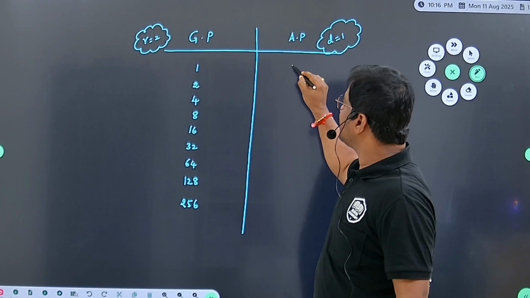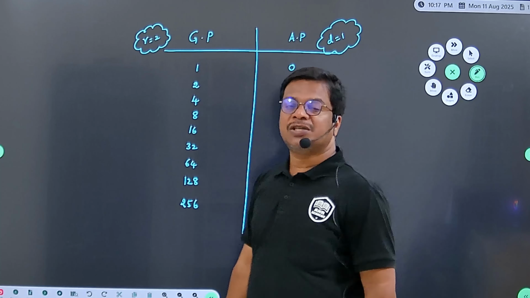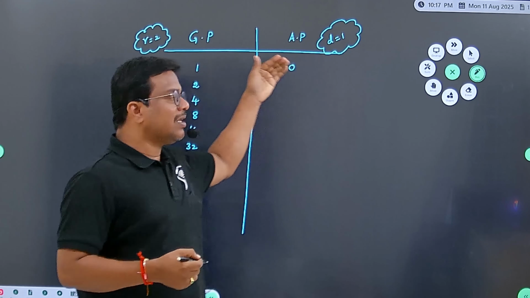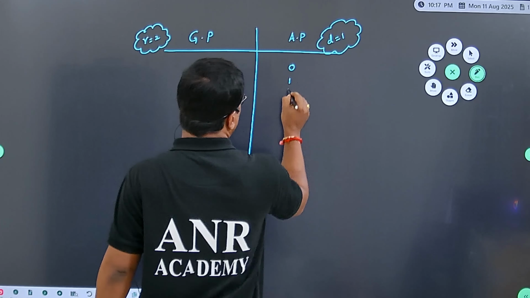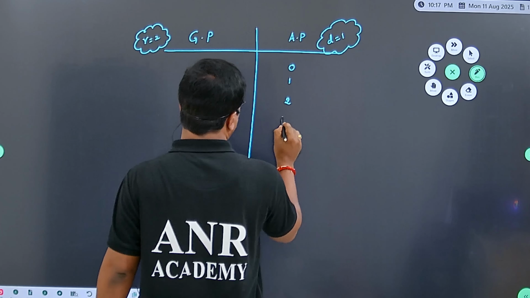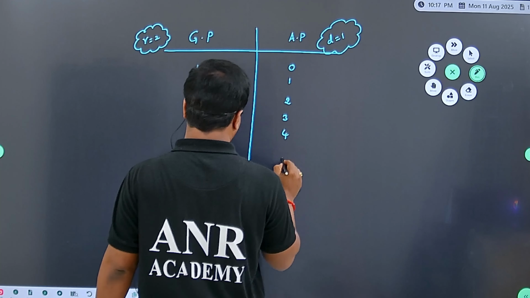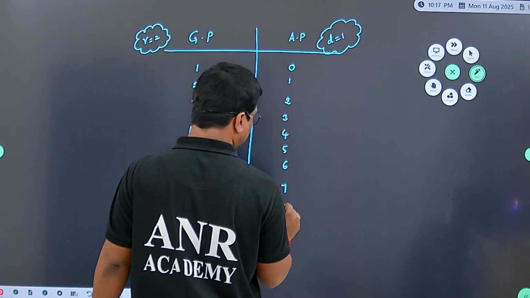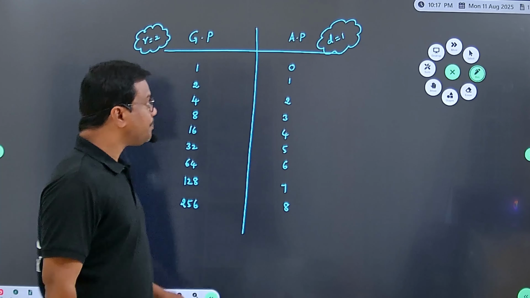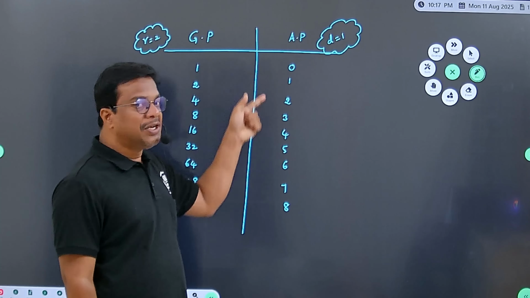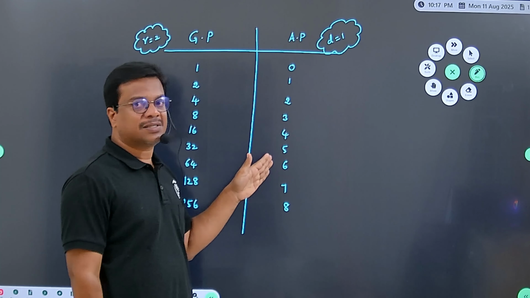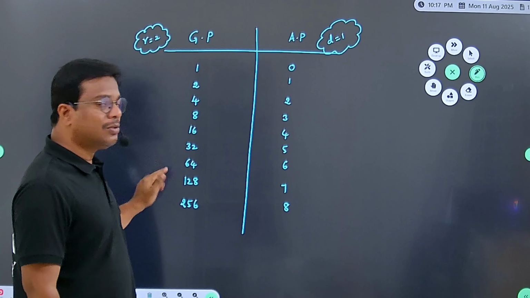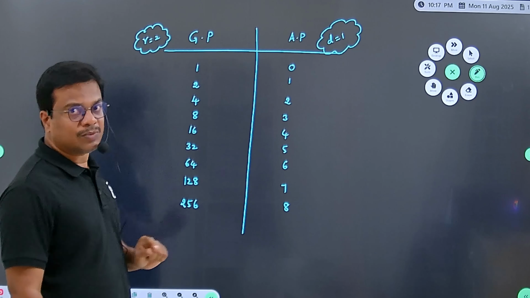Let us start with 0, the first element in the arithmetic progression. Due to common difference 1, the next numbers I can write are 1, 2, 3, 4, 5, 6, 7 and 8. Here 0 to 8 are the numbers corresponding to the geometric progression terms 1 to 256 with common ratio 2.